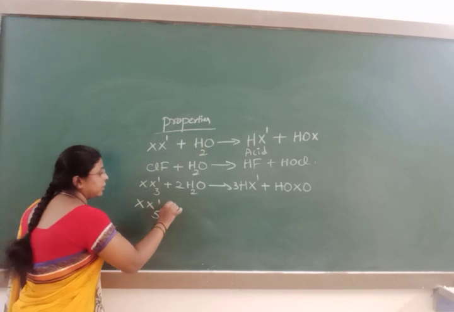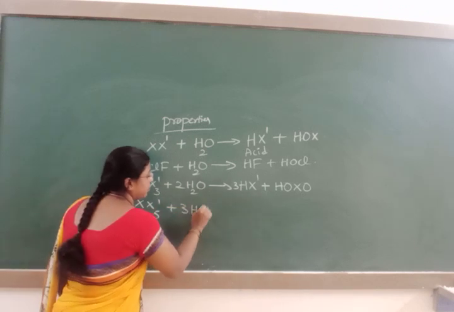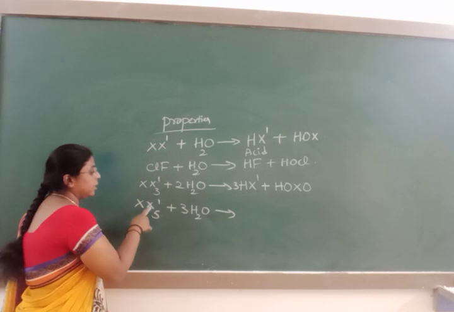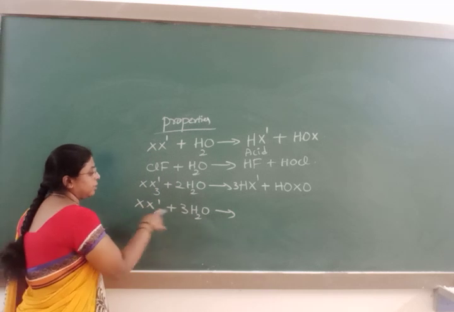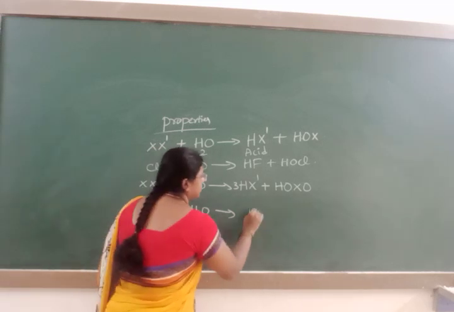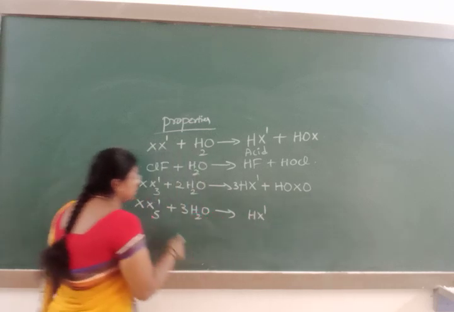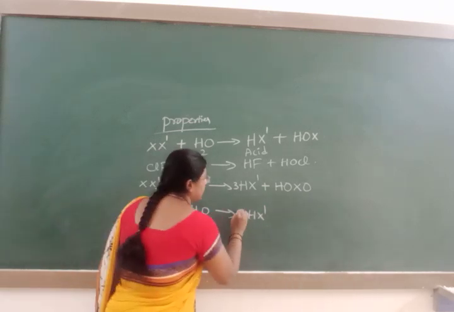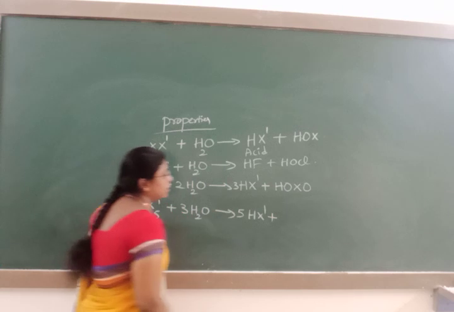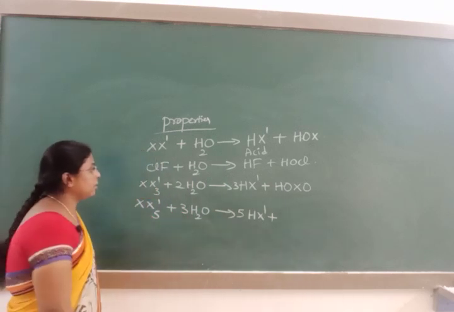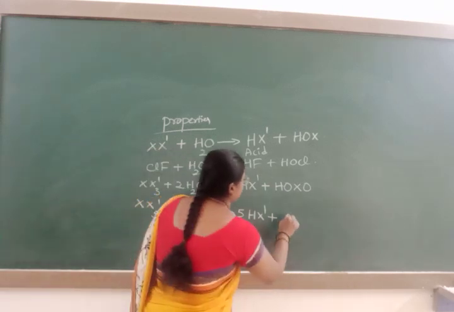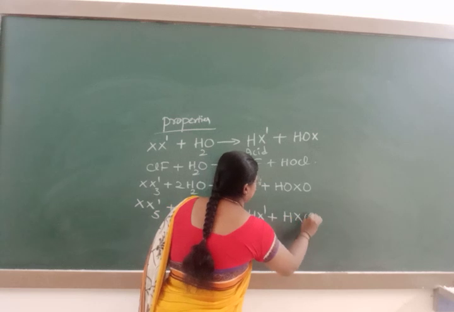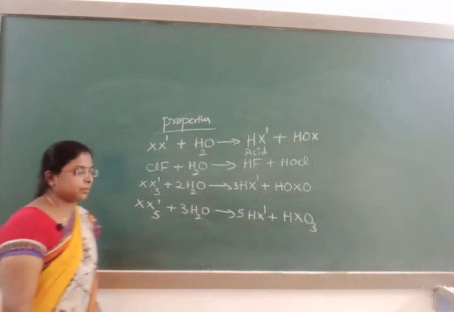XX'5, when it reacts with 3 moles of water, gives 5 molecules of HX' and HXO3.